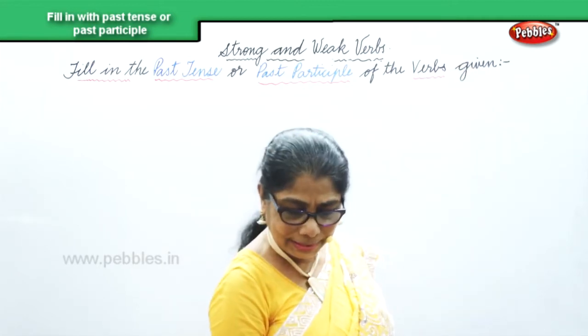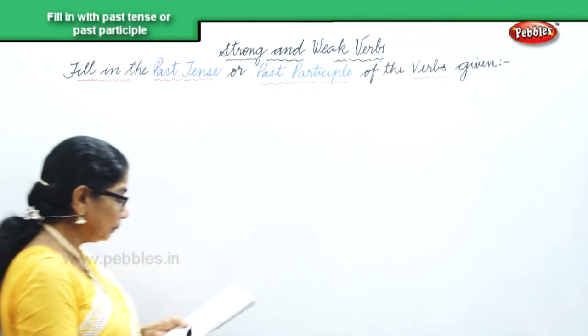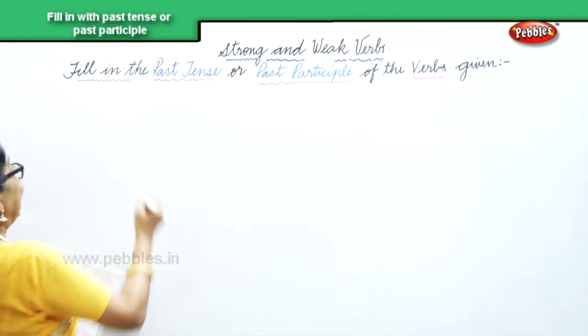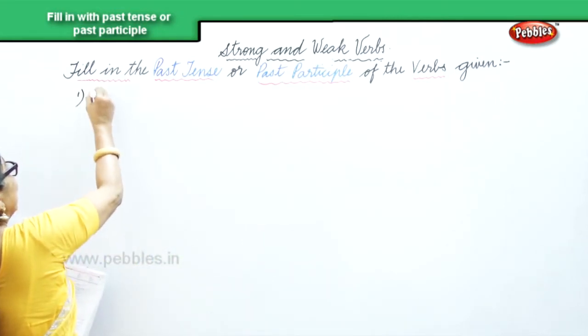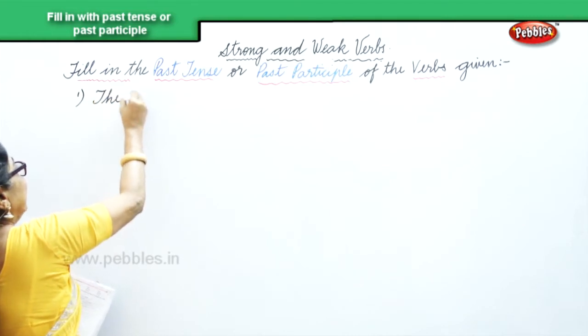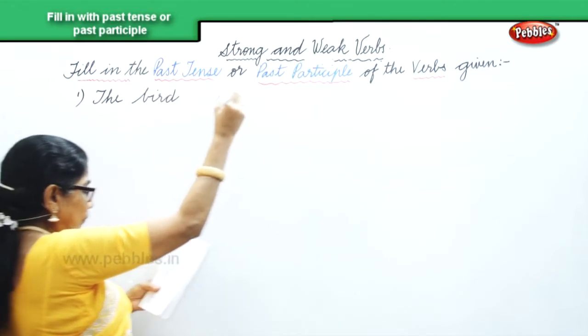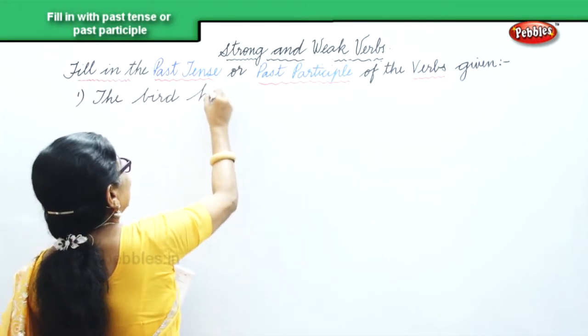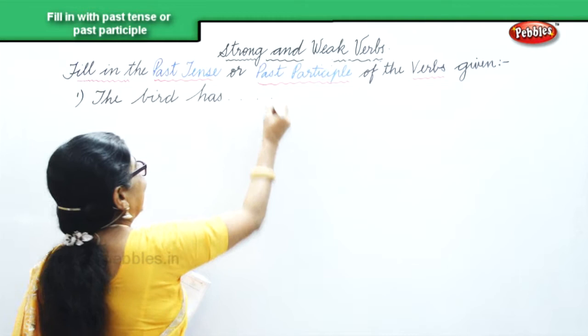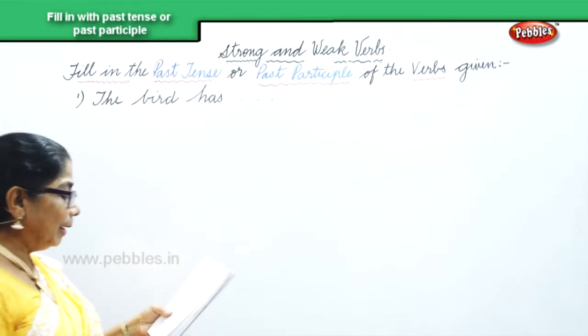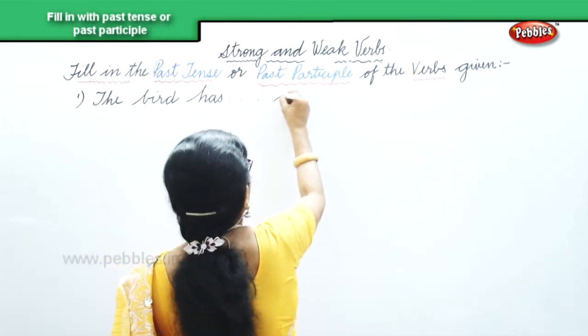Now look at the sentence that I am giving you. The bird has, and you have a blank here. The bird has dash away.